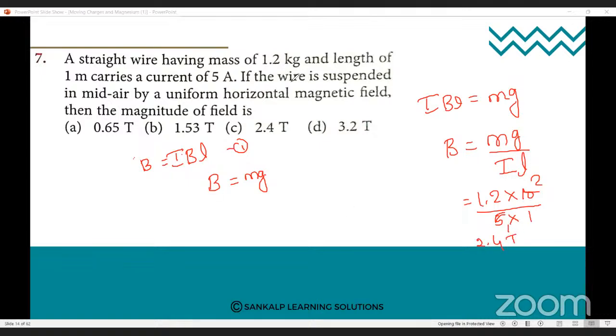Option C is the correct answer. Let us go for the next question.